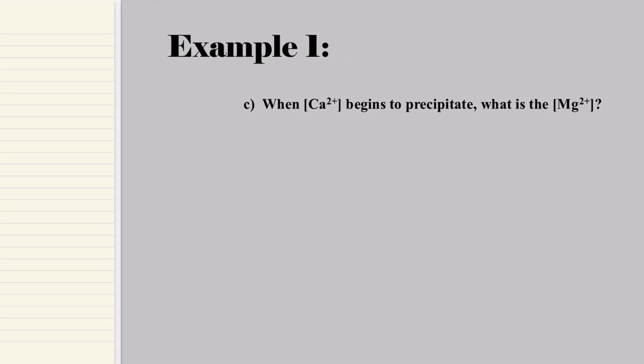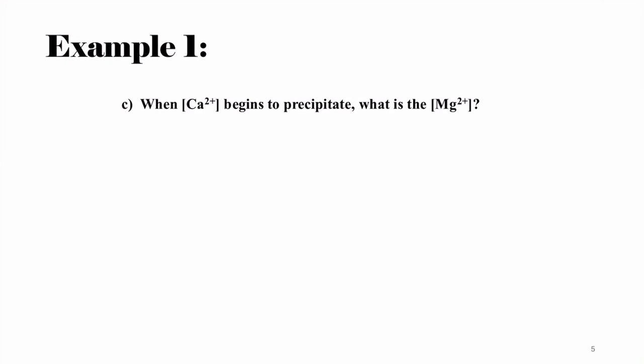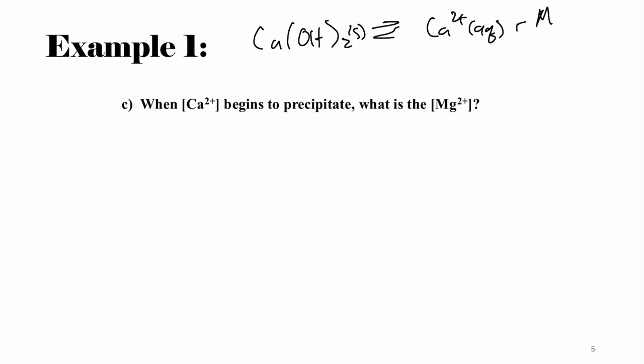And so then you can ask, well, when the calcium starts to precipitate, which is our CaOH2, this is our other reaction, calcium 2 plus and 2OH minus. When this starts to precipitate, what is the magnesium concentration that's left in solution?